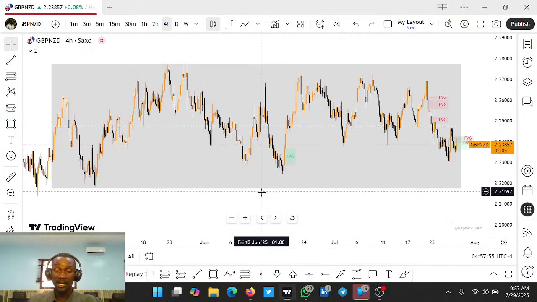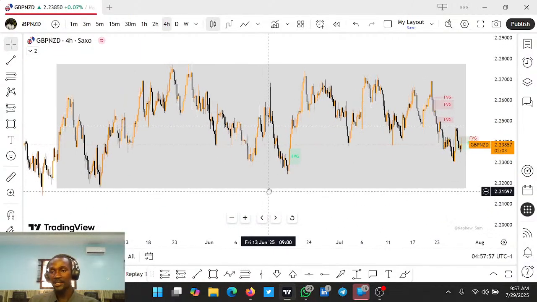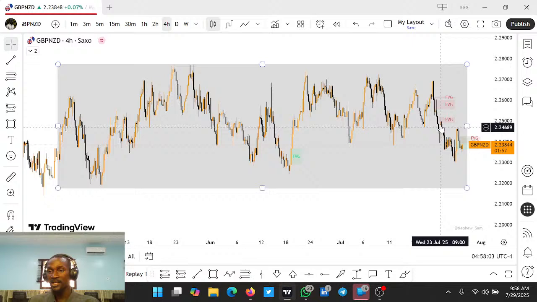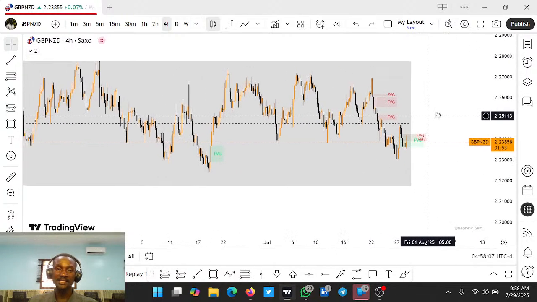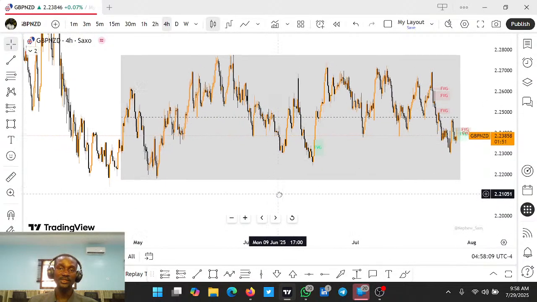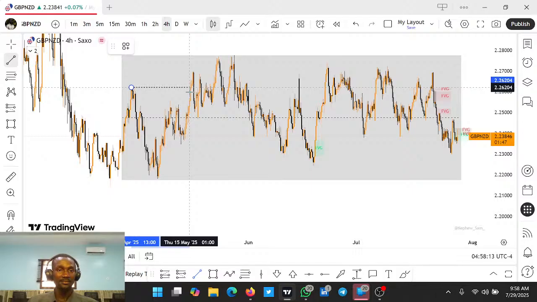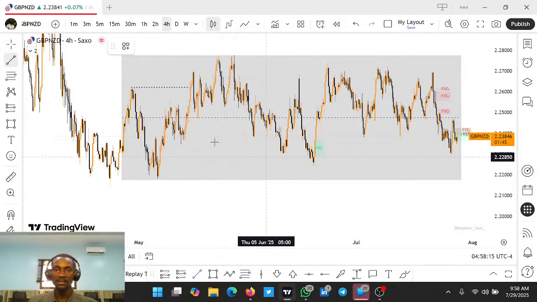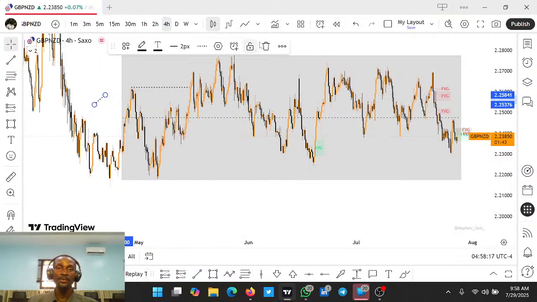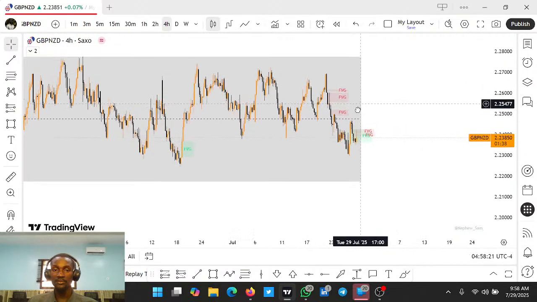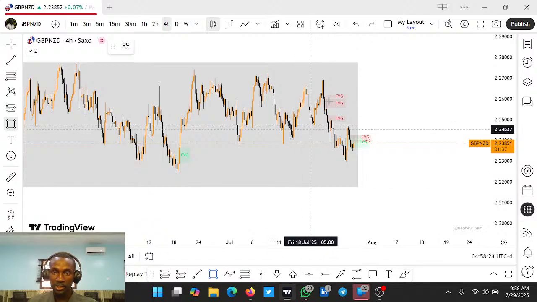Still, I've used my bias that the market is bearish from the higher time frame, but still ranging. So even if I trade this market, I'd just be looking for an opportunity to sell GBP NZD. You can see the market has been choppy, but still I'll be looking for an opportunity to sell on confirmation.